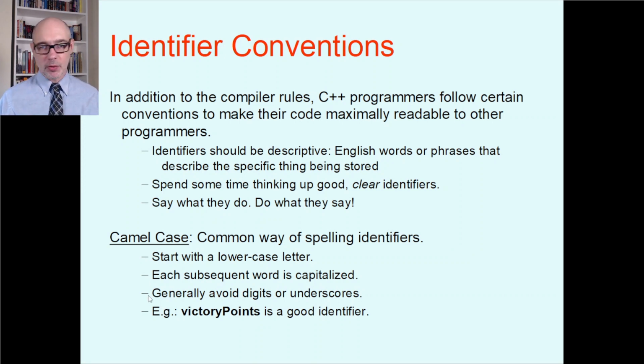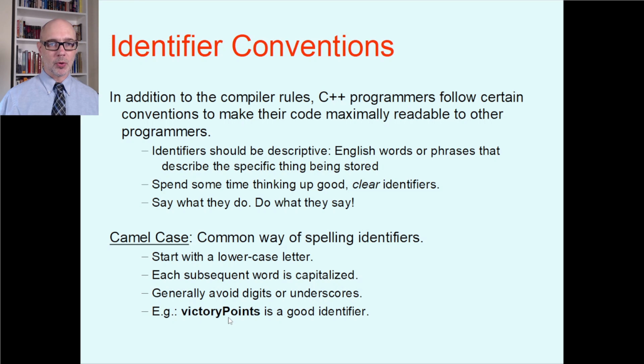We generally avoid numeric digits, and we generally avoid the underscores that C++ permits, but in my experience, most people don't do that anymore. There was a time in the past when most identifiers were written with underscores, but I think that time is no longer the case, and I see most people writing their variables in camel case like this. And in this example, you can see why it's called camel case, because of the later capitals, there's going to be a hump in the middle of the word.